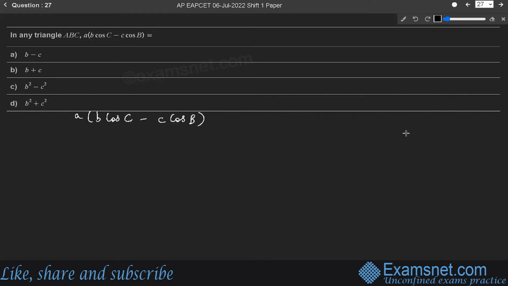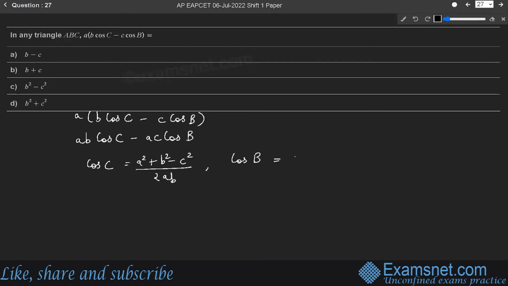On further multiplying inside the bracket, it becomes ab cos C minus ac cos B. We know that cos C is equal to a square plus b square minus c square divided by 2ab. We also know that cos B is equal to a square plus c square minus b square divided by 2ac.